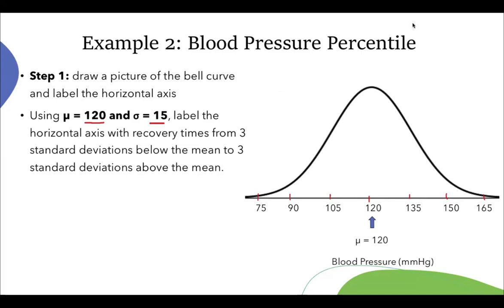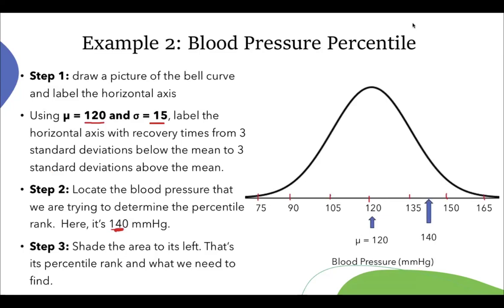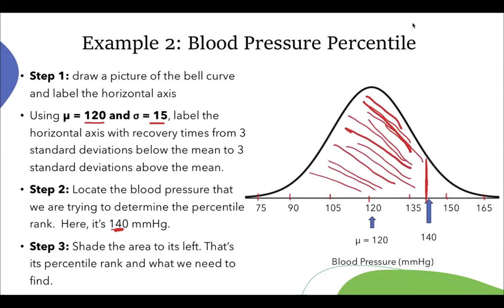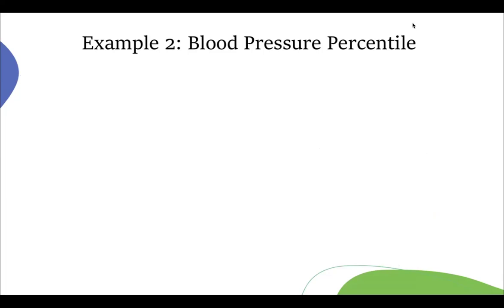Let's locate where 140 is. To find a percentile rank, we need the area to its left, the proportion of the population that has blood pressures less than 140. So find that area first, multiply by 100, and then round to the nearest whole number.